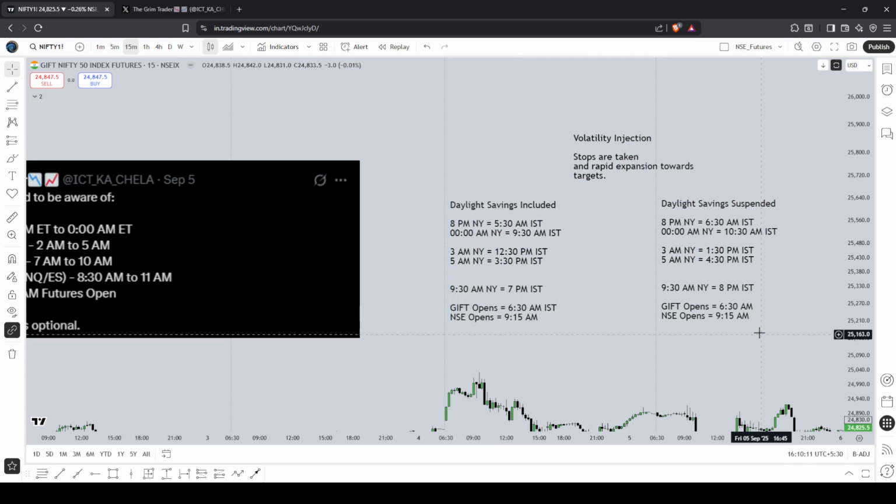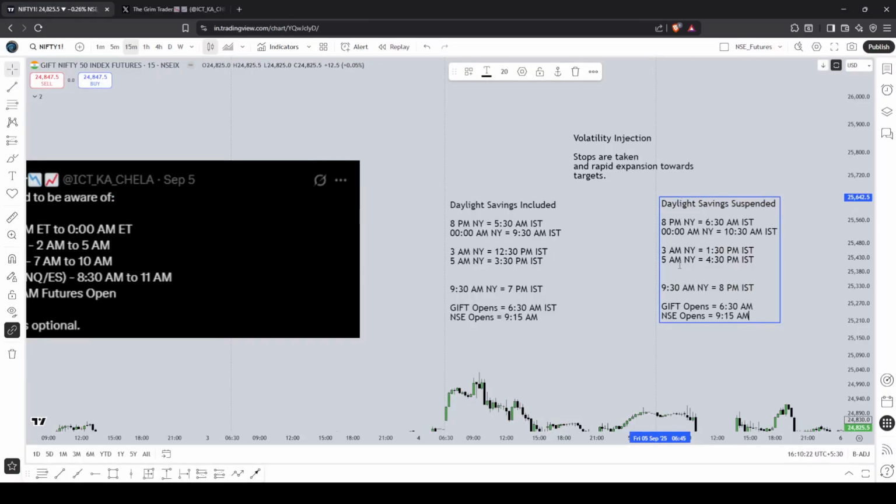These two things will remain constant regardless of daylight savings, regardless of everything else. I can't change anything here, but that's okay.